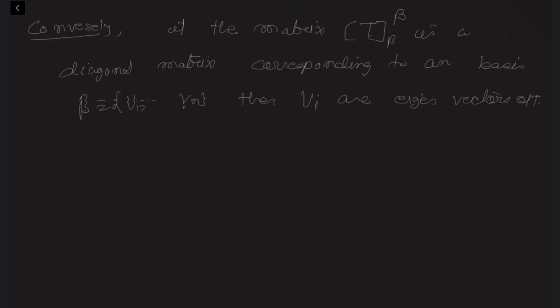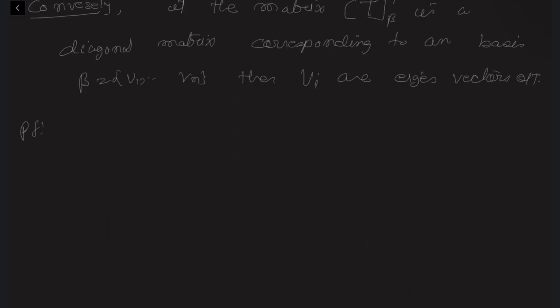Let us just see the proof of this quickly. So let us prove the first part: given beta = v1, v2, ..., vn is a basis of eigenvectors.